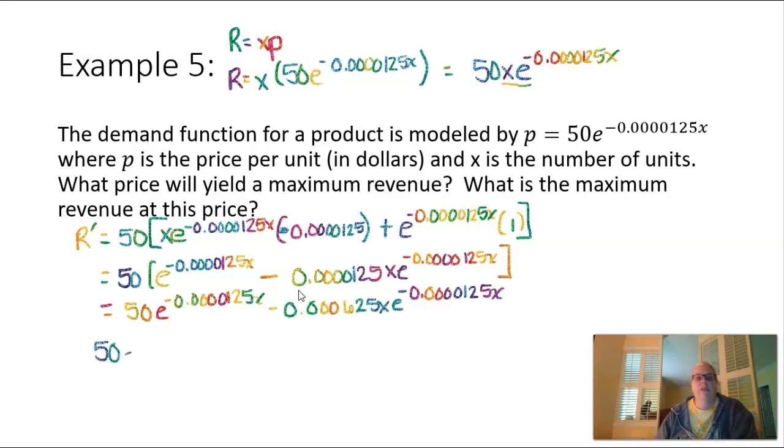So we'll have 50 e to the negative 0.0000125x minus 0.0000625x e to the negative 0.0000125x.